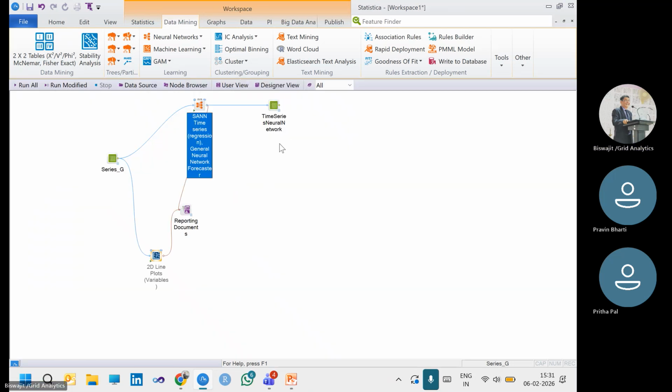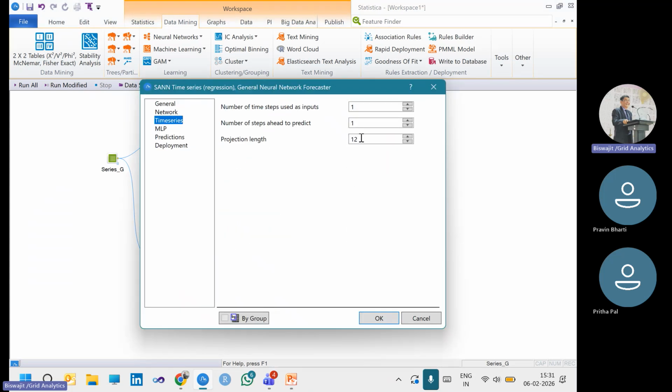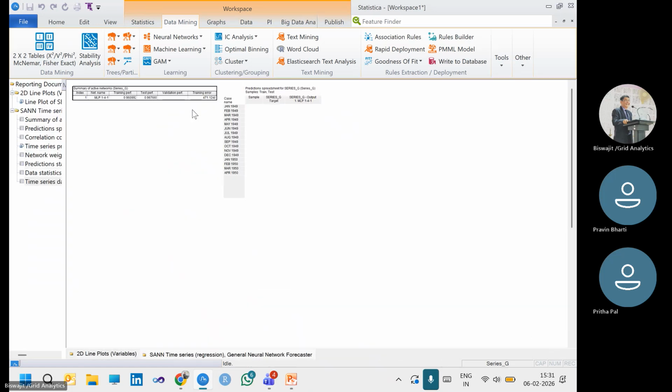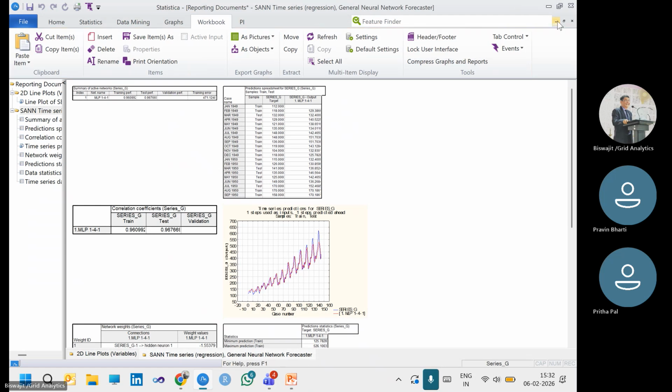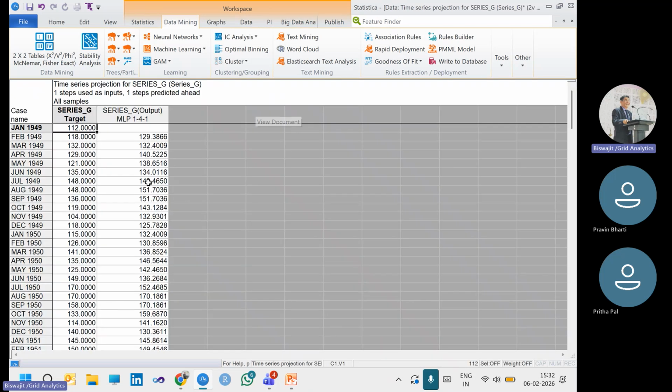Right? And if I wanted to explain my prediction from 12 months to 24 months or 36 months, I just need to give the input and I'll get a prediction for the 24 months here.